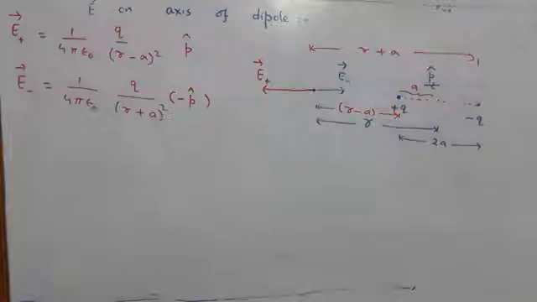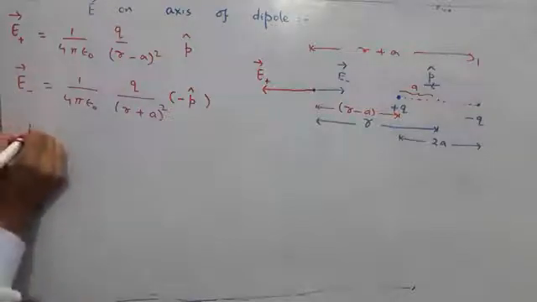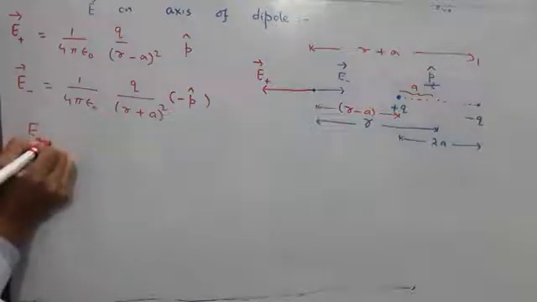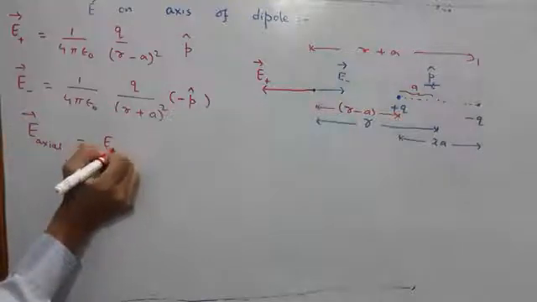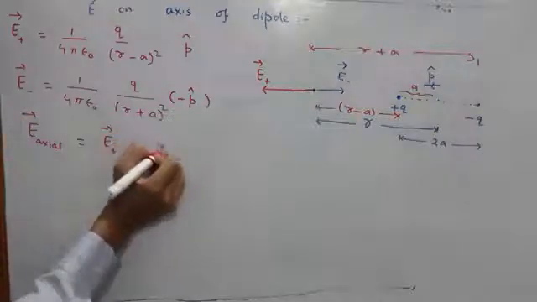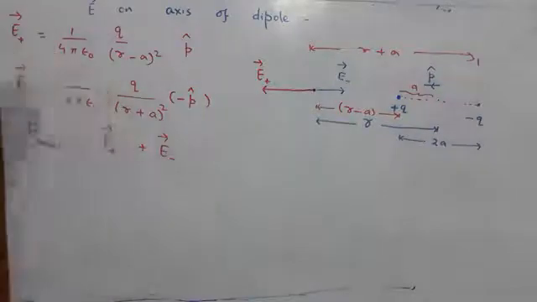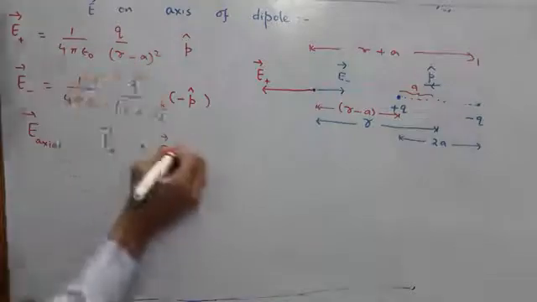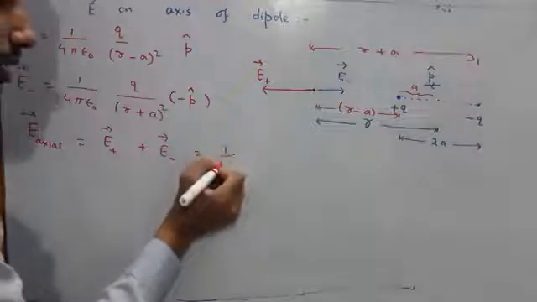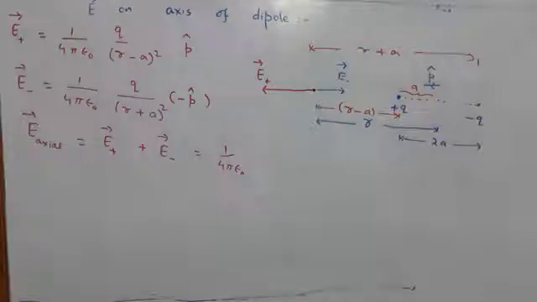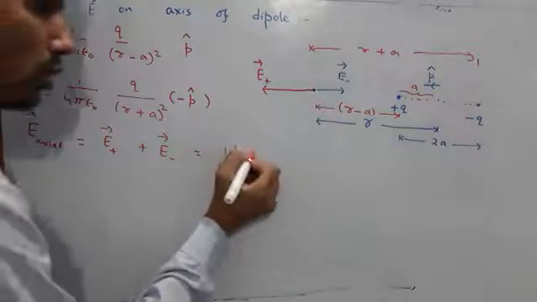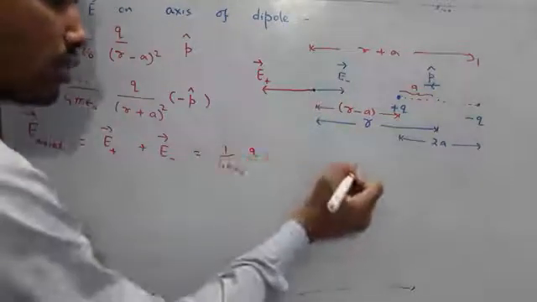So we have got E plus and E minus. The net electric field on the axis, which I will write as E axial, will be E plus vector plus E minus vector from the principle of superposition. Now when you add these two vectors, what we will get is this. You can take 1 by 4 pi epsilon naught as common, you can take q also as common, and you can take P cap also common.